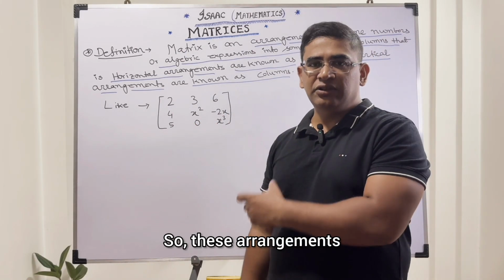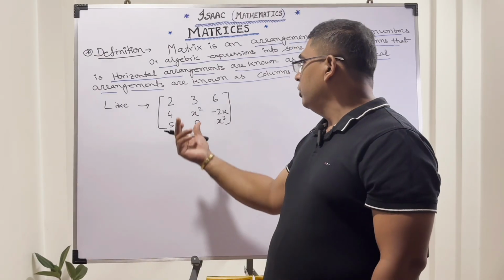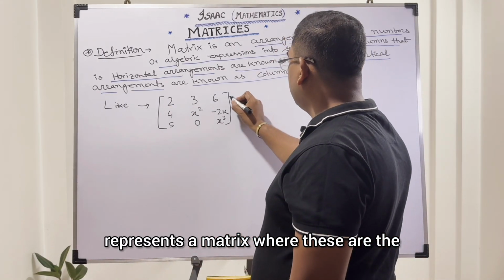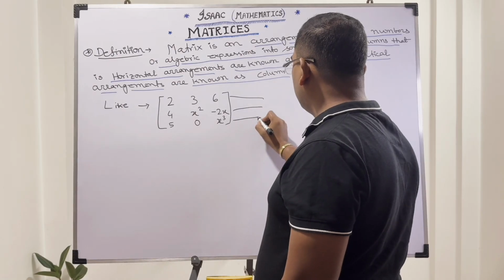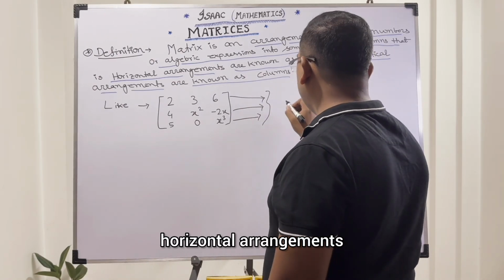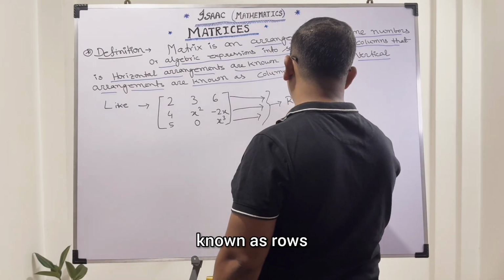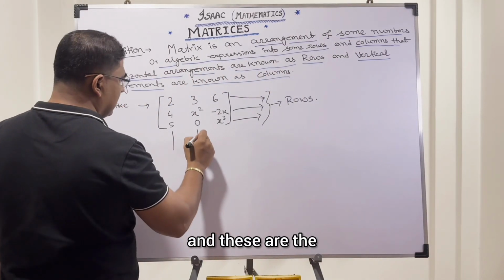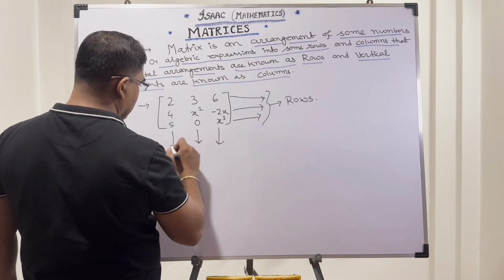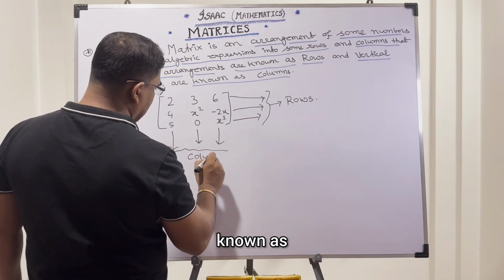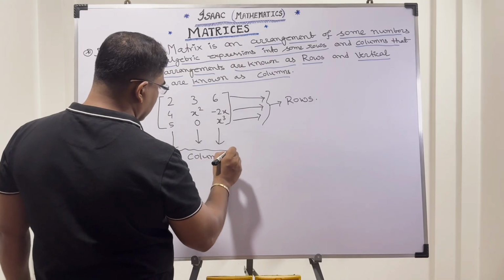Okay. So these arrangements represent a matrix where these are the horizontal arrangements known as rows, and these are the vertical arrangements known as columns.